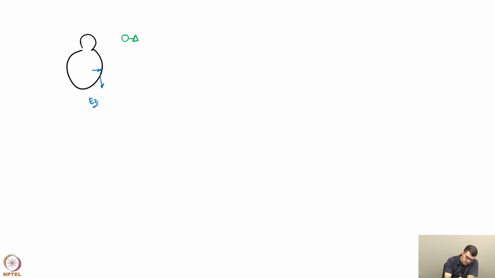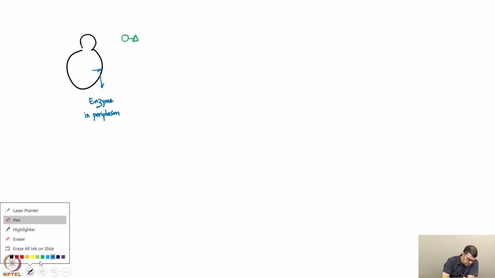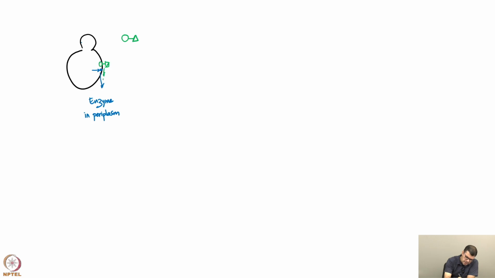So, enzyme in periplasm. And the sugar comes to the periplasm, and there it is hydrolyzed by this enzyme, resulting in release of glucose and fructose. It's not square but triangle.